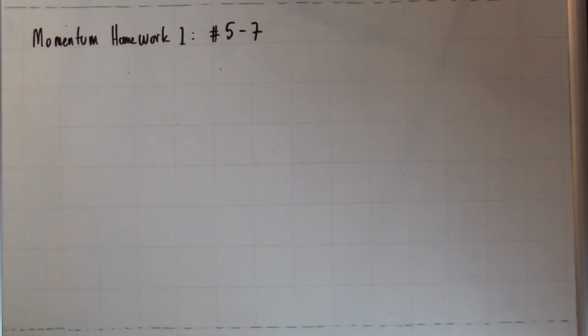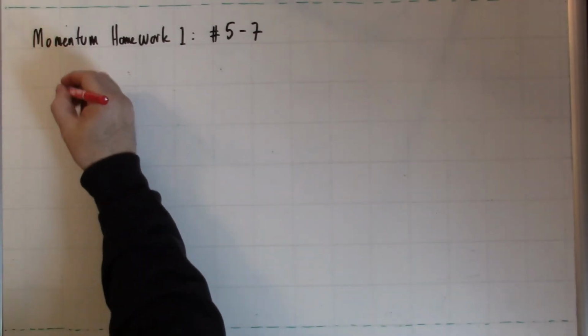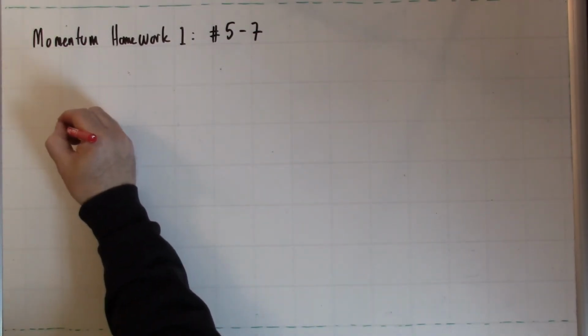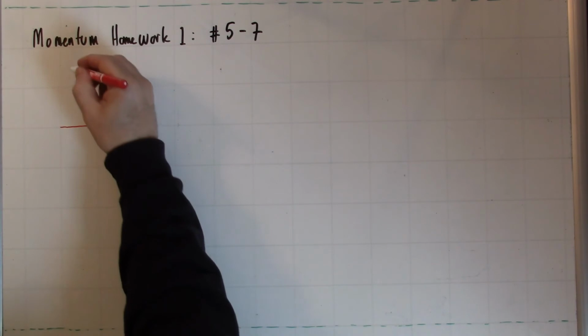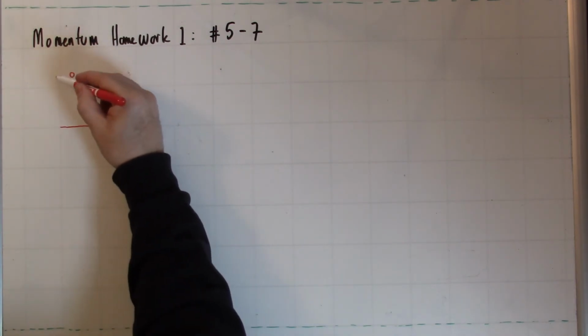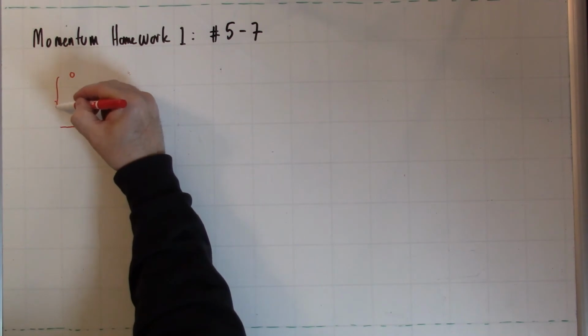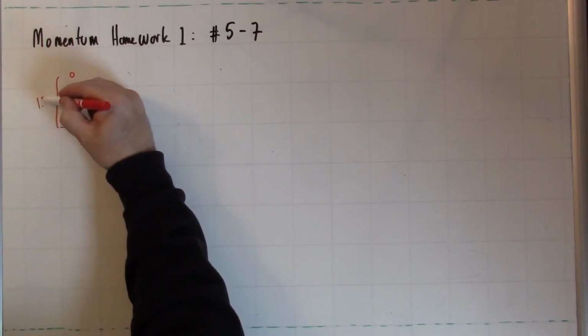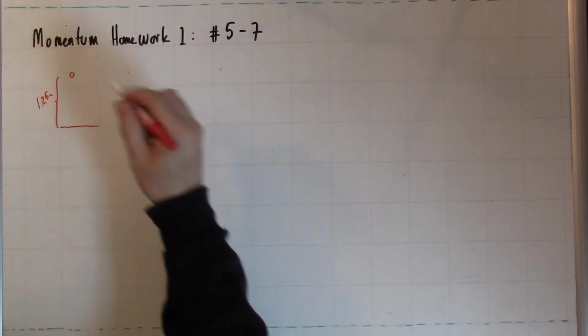So let's write down some stuff about the golf ball. First of all, if you diagram it up here, it says the golf ball is dropped from a height of 1.25 meters.